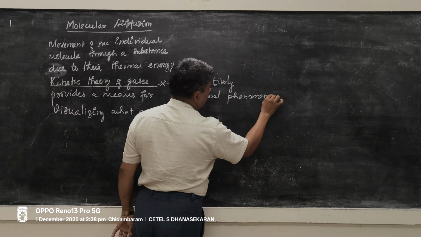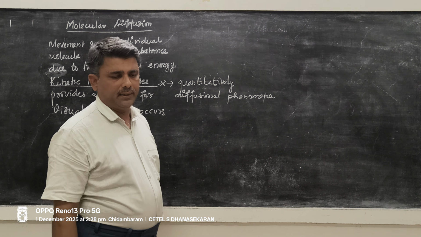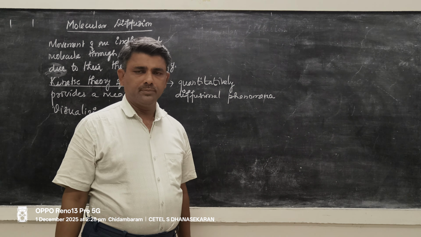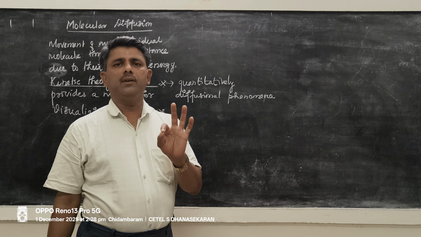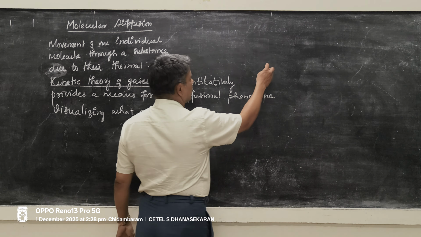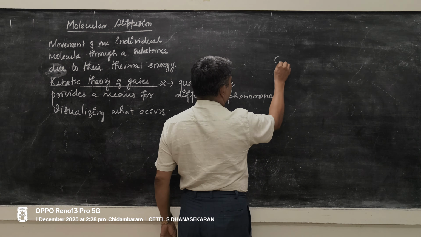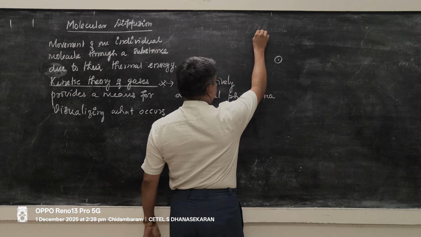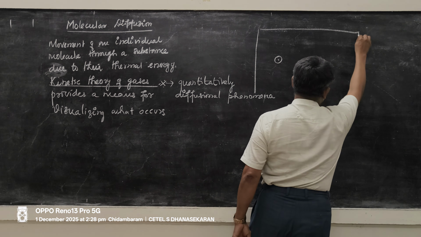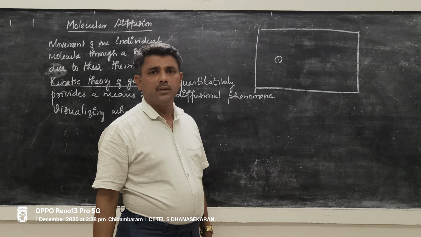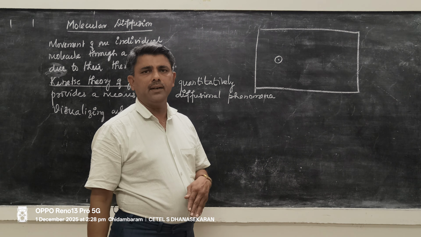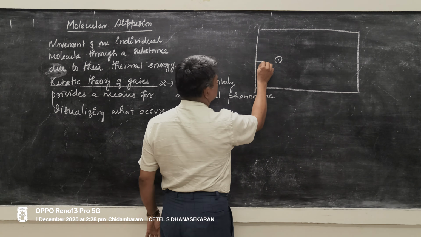Okay, for a simplified kinetic theory, let us imagine a molecule is imagined to travel in a straight line. Let us see, this is the molecule. Consider this is the framework. A molecule travels in a straight line with a uniform velocity.